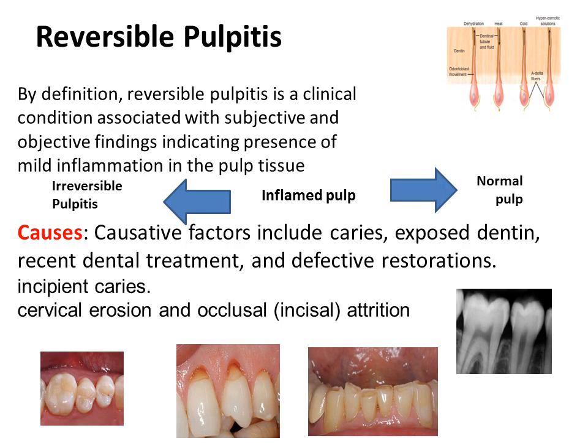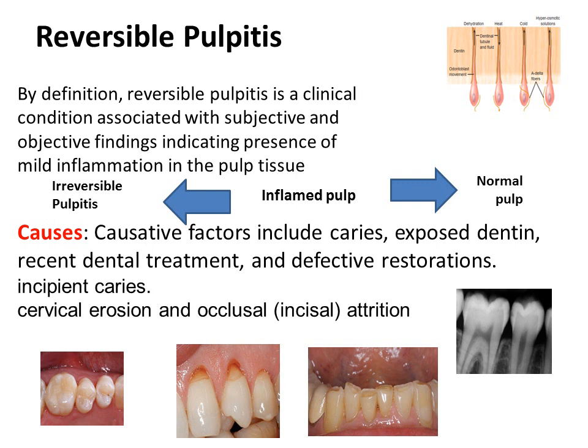For the reversible pulpitis, mostly it is caused by an exposure of the dentinal tubules. Okay. Such an exposure might cause dehydration, and that dehydration causes pain.